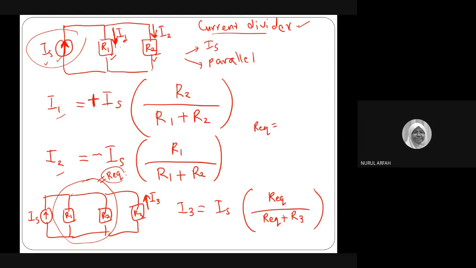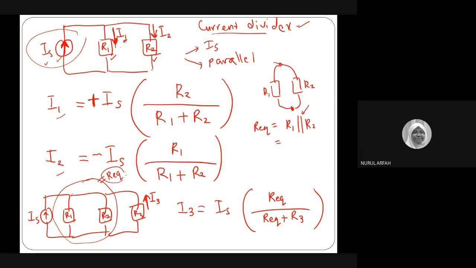R equivalent is equal to, you already learned how to find this one in parallel, right? R1 and R2. I like to use this sign, this is a parallel sign, okay?